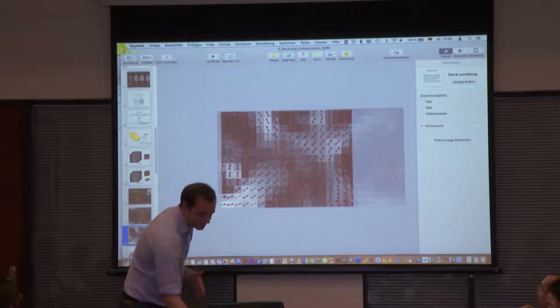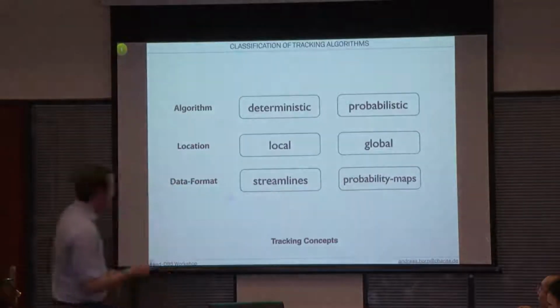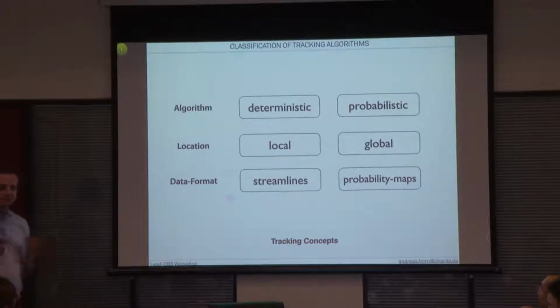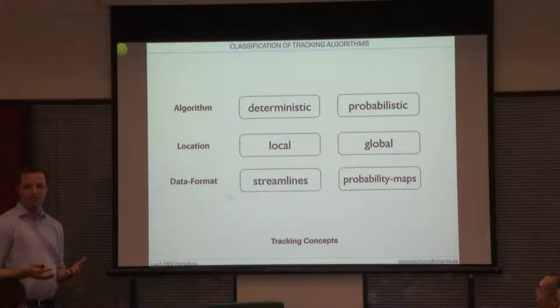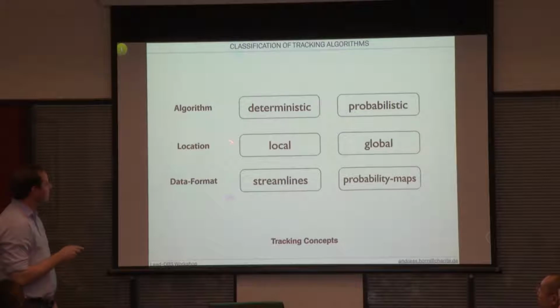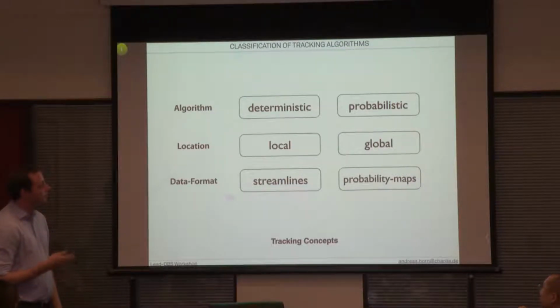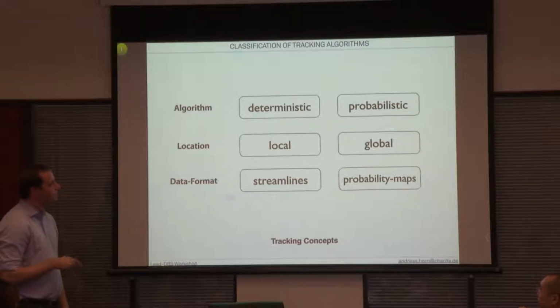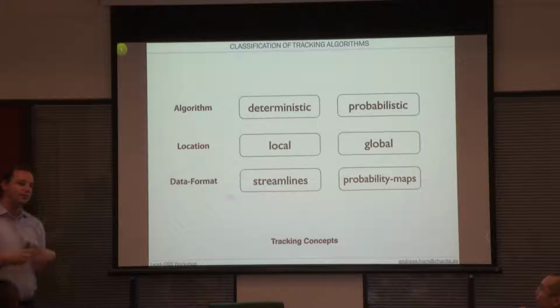So, I think the differentiation between deterministic and probabilistic is important, but it's maybe not the only one. It doesn't really describe what you're doing. Other options to characterize it are whether you do a local or global tractography. Global tractography algorithms are rarer, and I'll show you one, that try to model the whole brain directly.